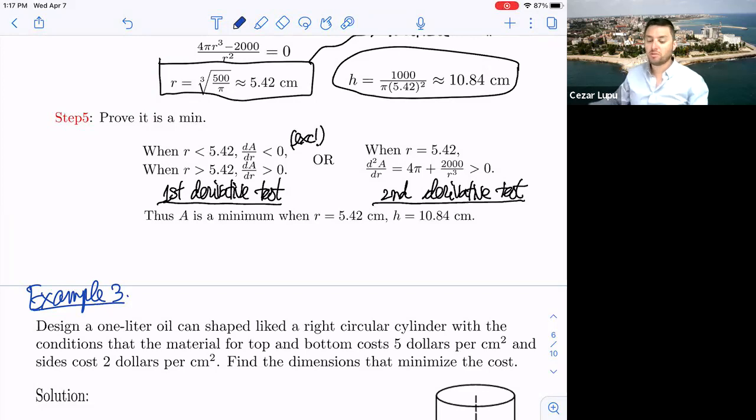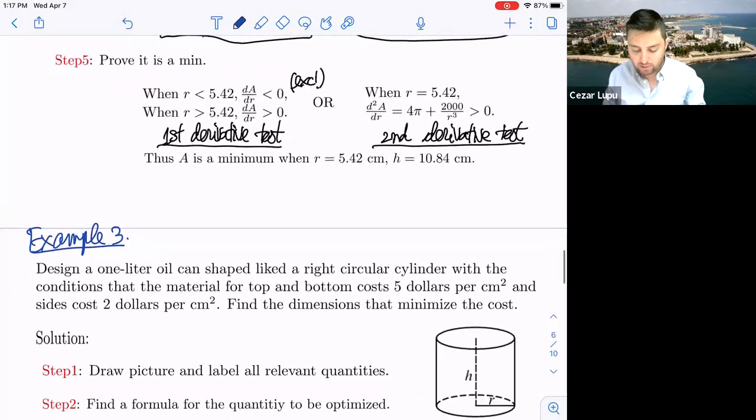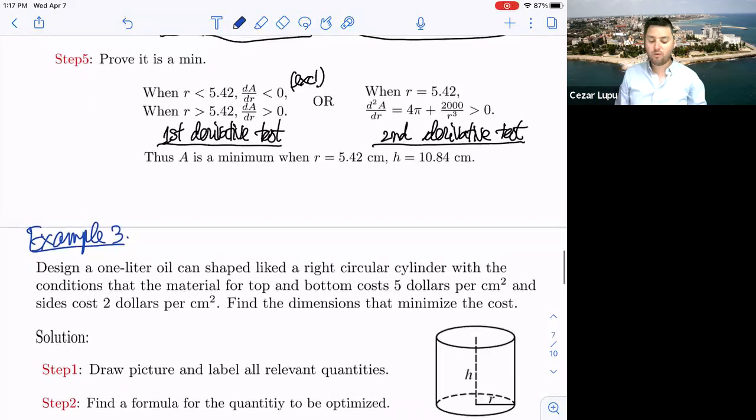Again, we need to draw a picture of relative quantities, and we need to find a formula for the quantity to be optimized. Here we need to pay attention.